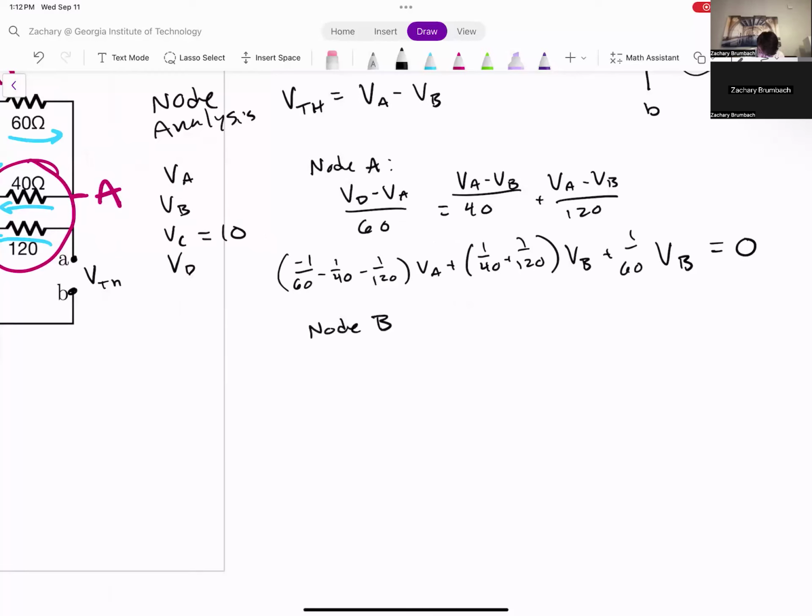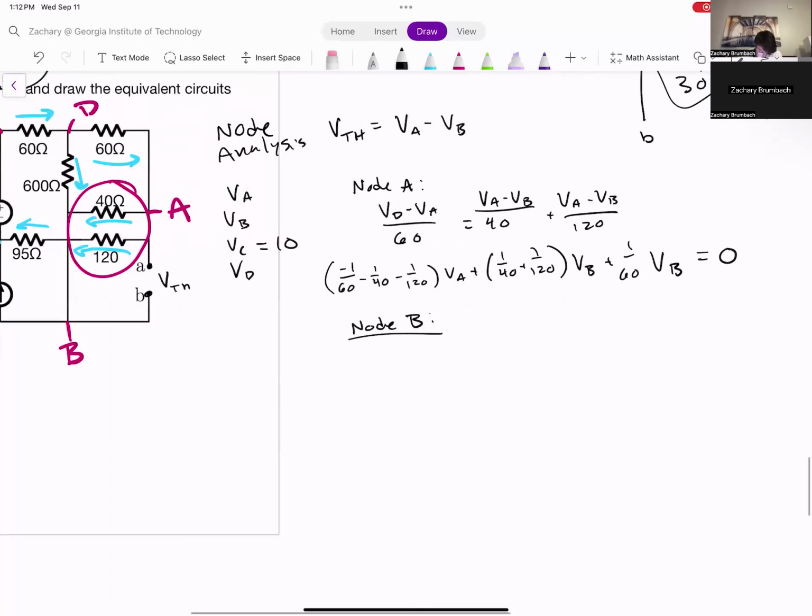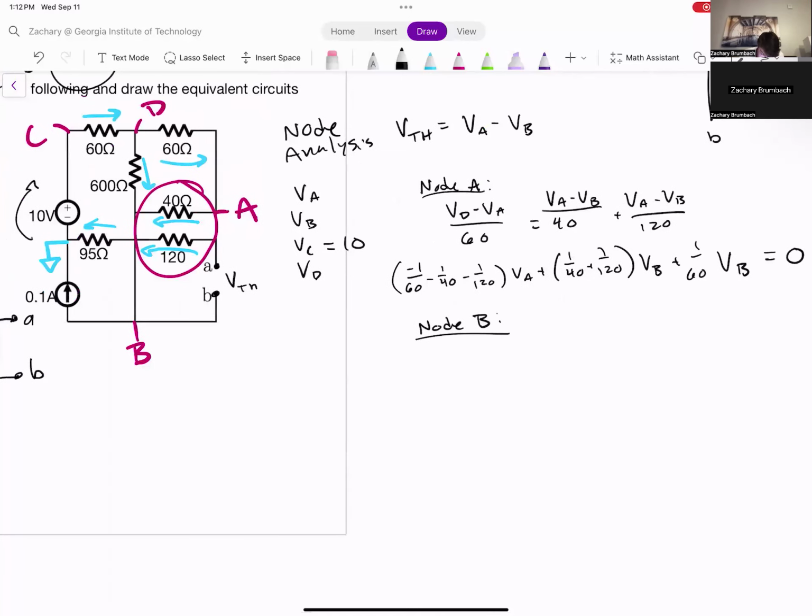Next is node B. Okay. Looking at node B, going into node B, and just remember that node B here is all of this, okay?